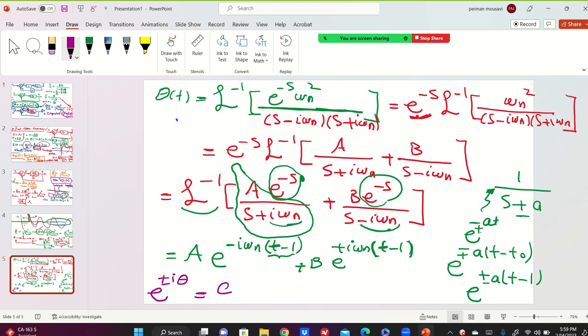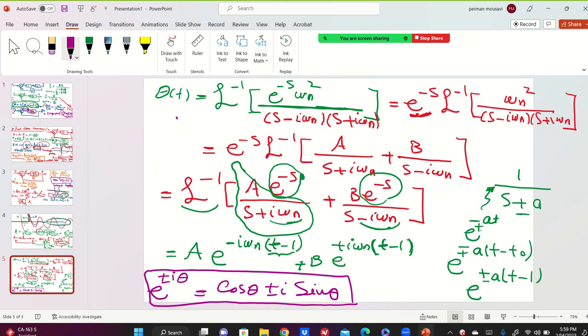Remember, that is cosine theta plus or minus i sine theta. I taught you this Euler formula. Remember? So now I'm going to use it to rewrite these two. When you are done, let me know, and I can go ahead.